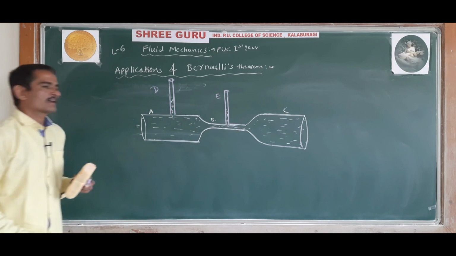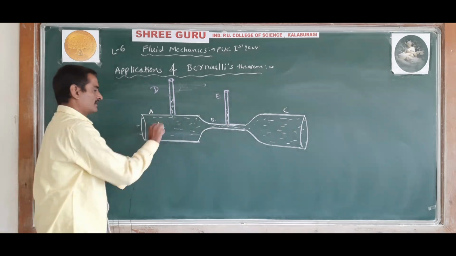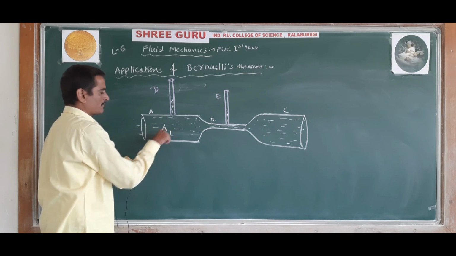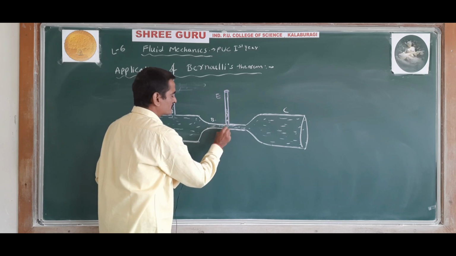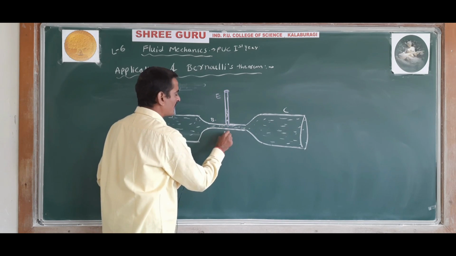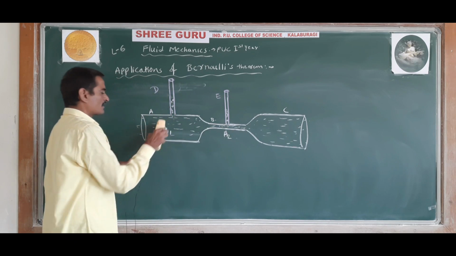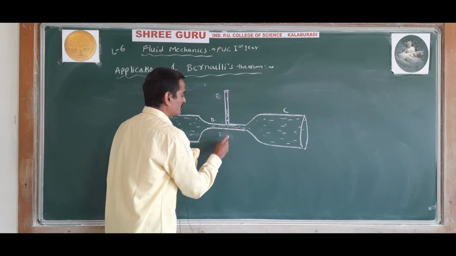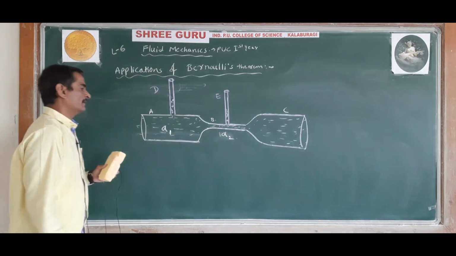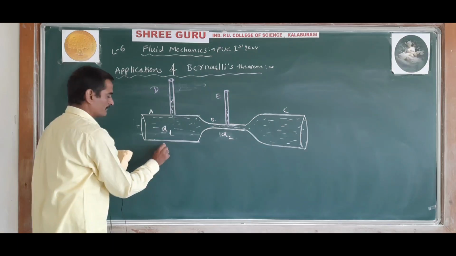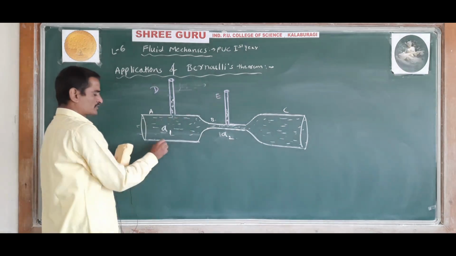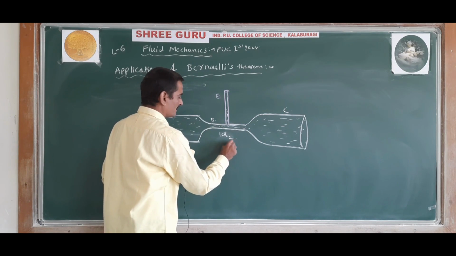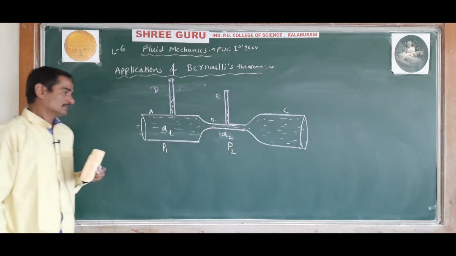Okay. So here the cross-sectional area of the tube A is a1, and the area of the tube B is a2. Pressure in the larger tube A is P1 and pressure in the smaller tube B is P2.